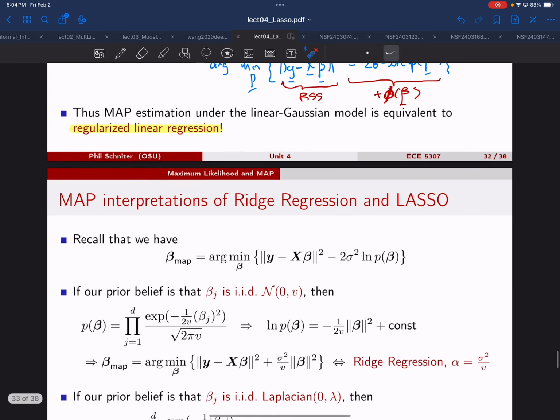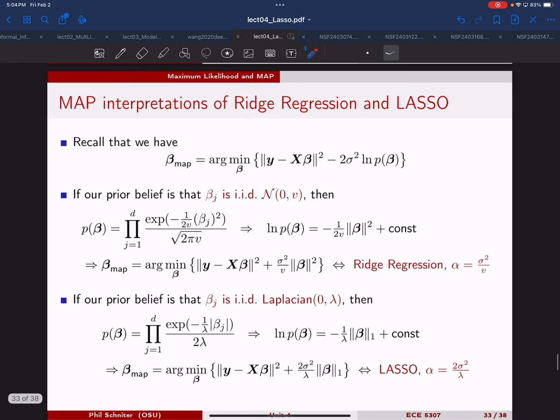Okay, so we're almost done then. This is what we have from the previous page. And now let's look at a couple examples. What if our prior belief is that these beta j terms are close to 0, in the sense of being drawn from a Gaussian with a mean of 0 and some variance v?